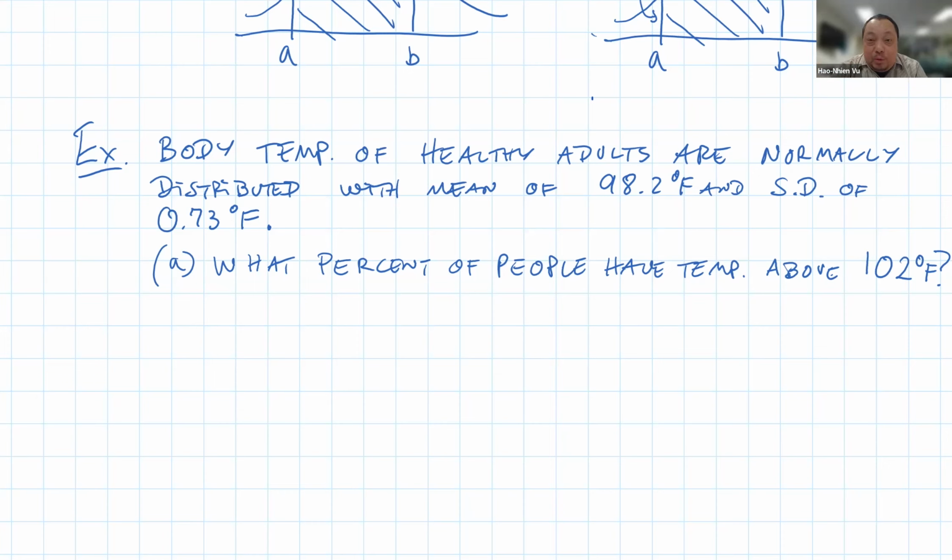What's the probability someone has temperature above 102 degrees? Whatever the answer is, let's say 3%, then that means the probability of being that is 3%. So this is the same as asking for probability.